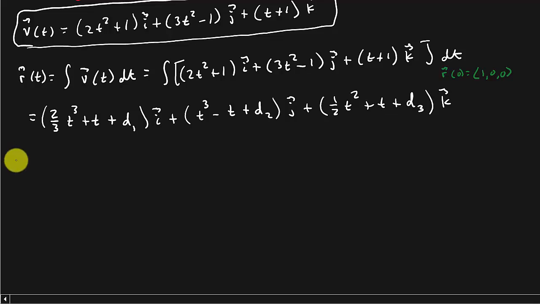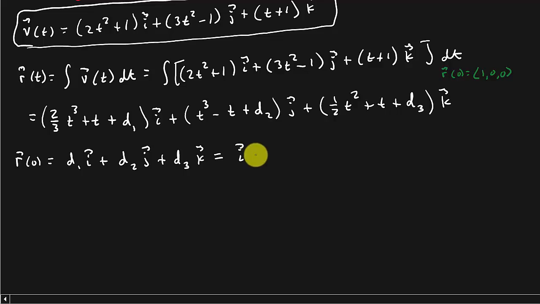All right, so I have r of 0 is equal to, so I'm going to plug 0 into here, and that's just going to give me d1 times vector i, plus plug 0 into here, that's going to give me d2 times vector j, plug 0 into here, that's going to give me d3 times vector k. And that should equal this vector, so basically it's just equal to i.